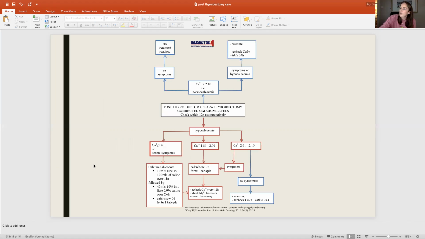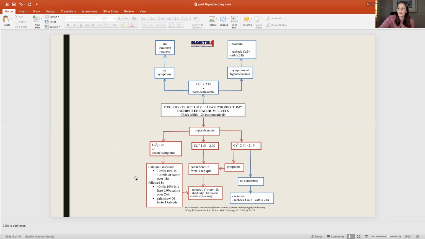So, talking more about post-op hypocalcemia, the British Association of Endocrine and Thyroid Surgeons have this flowchart on their website. They want you to check calcium levels 12 hours post-operatively, and if a patient's hypocalcemic, treat them orally if mild, or with IV solutions of calcium gluconate at this dose if severe or symptomatic.